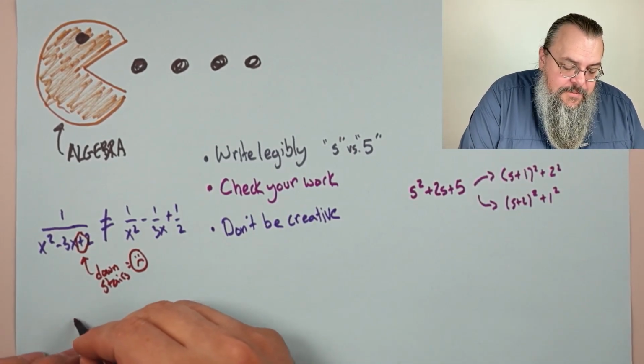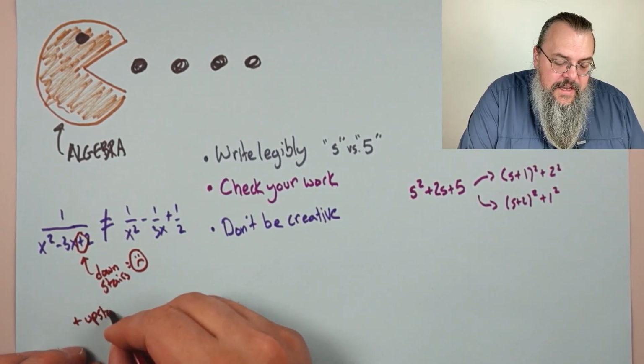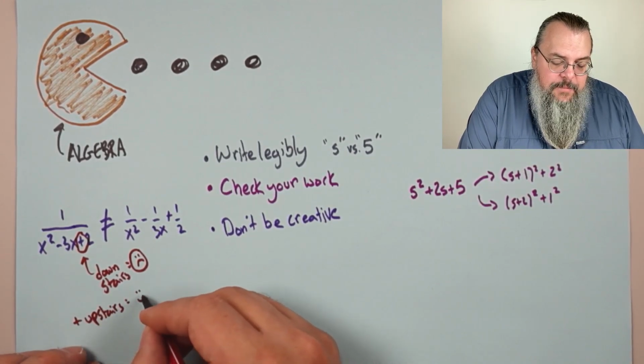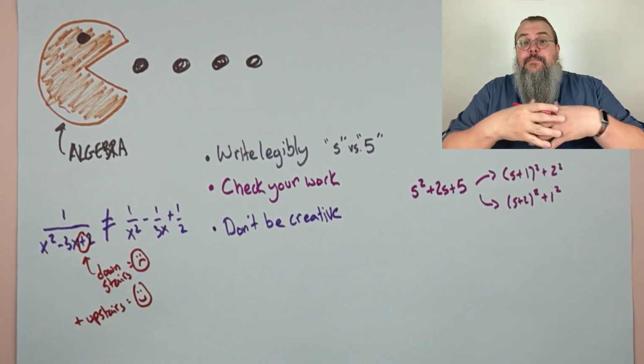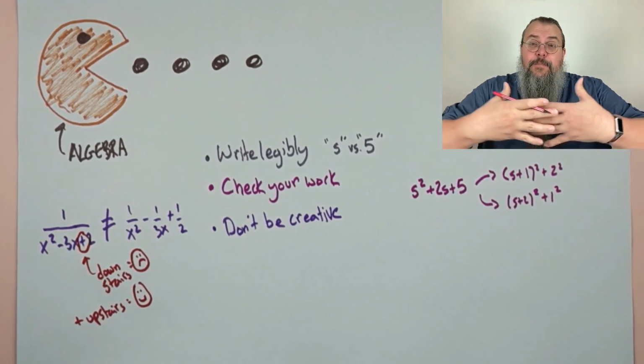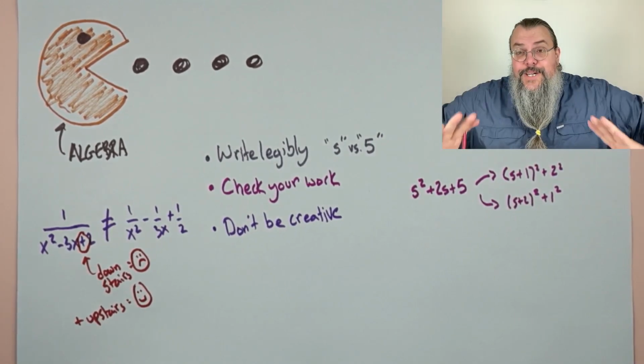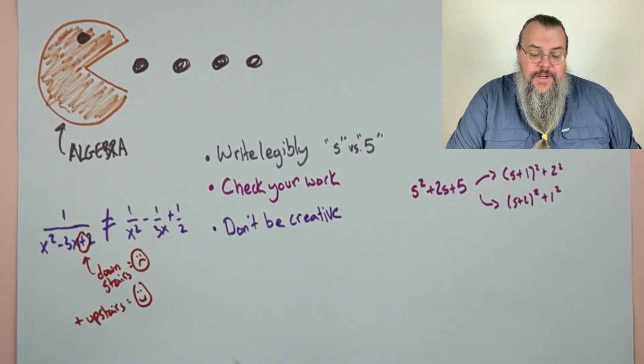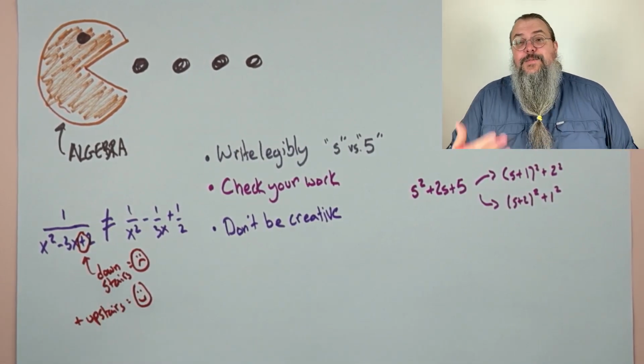But a plus upstairs, that's something where we're happy, because that plus sign is used to pull things apart or to pull things together. When it's downstairs, it doesn't work the same way.